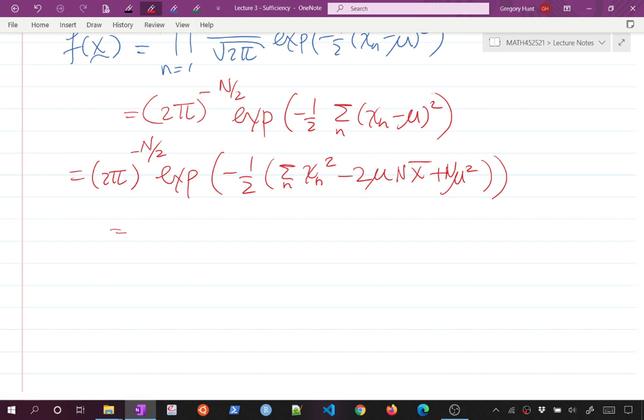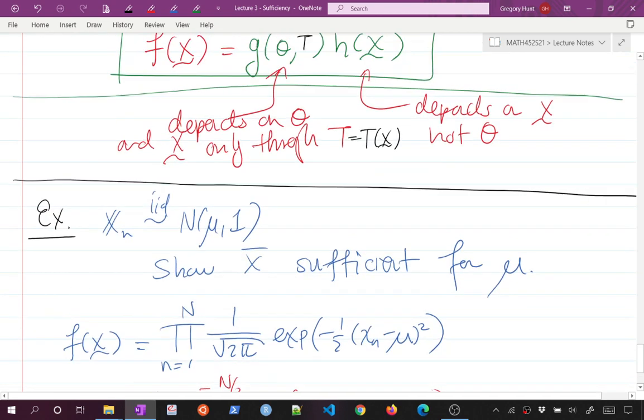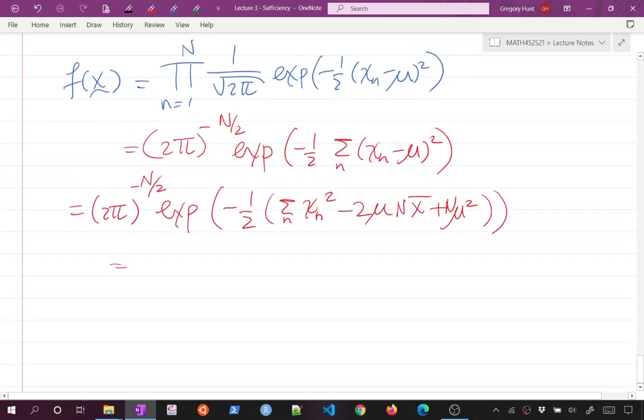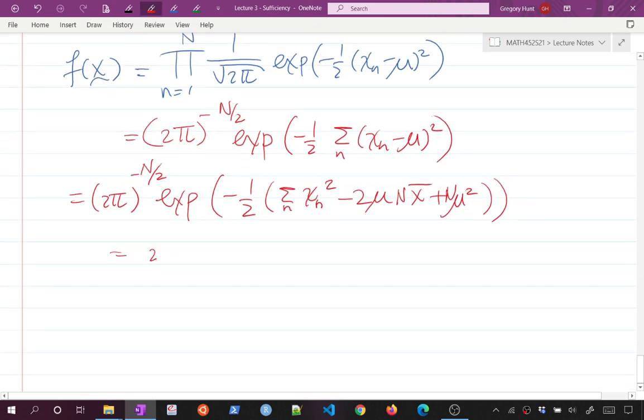Okay, so let's break this apart. What I want is to pull off everything that doesn't depend on theta and depends on x, but not x bar, into h, and then everything that depends on theta and x bar into g. So 2 pi to the negative n over 2. I can break up this obviously into a product of exponentials, and I want the part that depends on the x's, doesn't depend on x bar, and doesn't depend on mu.